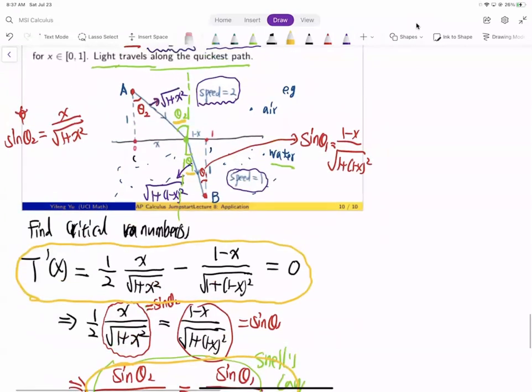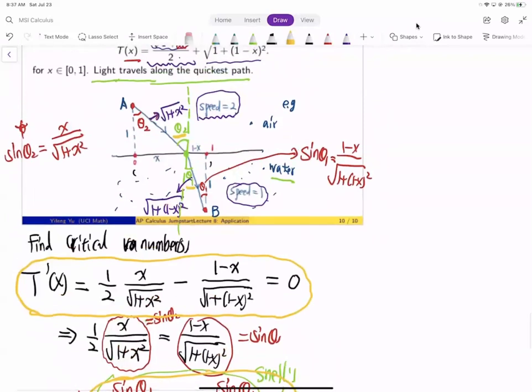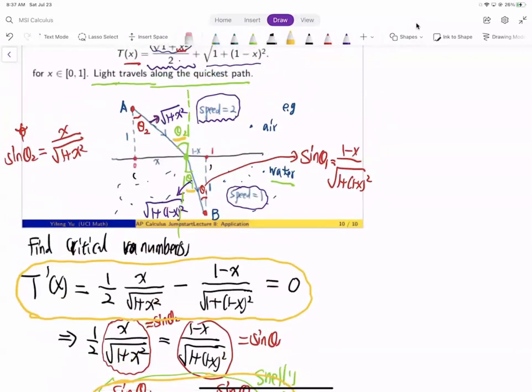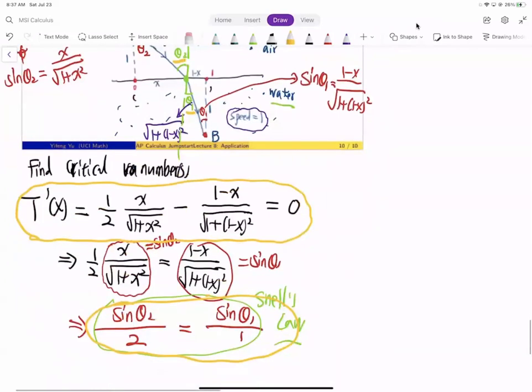And of course, how do you know this is the minimum, not the maximum?